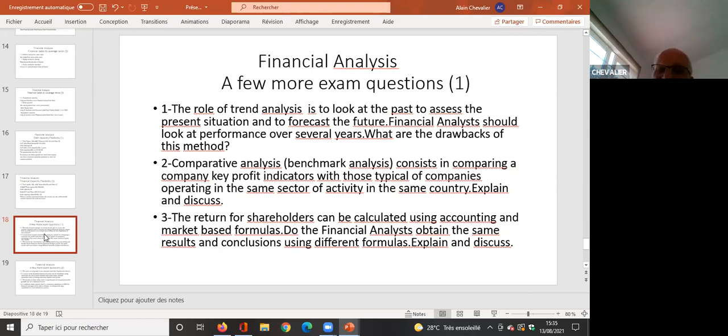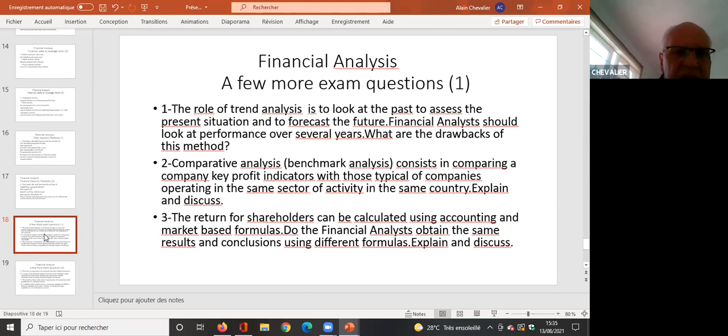So this is very difficult to do and to use trend analysis in time of discontinuity. And the crisis like pandemic is a discontinuity in the evolution of the economy and of course of the financial situation of the firms.